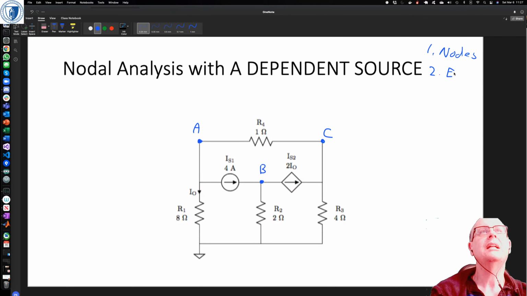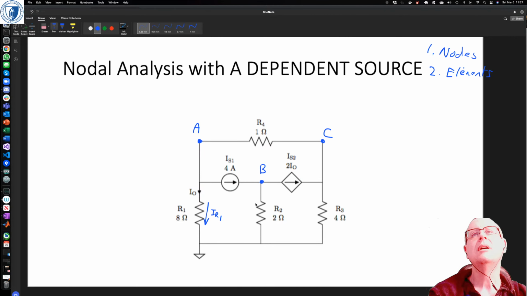And define the element currents. Because of the way I out is going, I'm just going to define that as IR1. And just for simplicity's sake, I'm going to do this and this, so they're all flowing in the same direction.